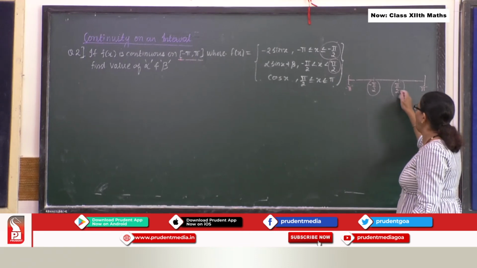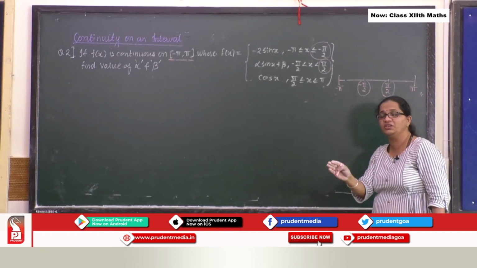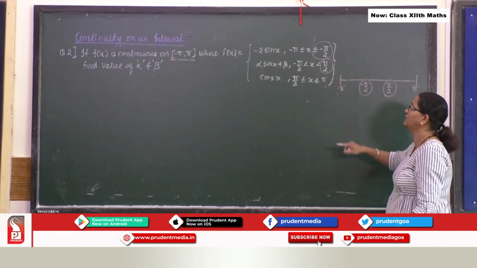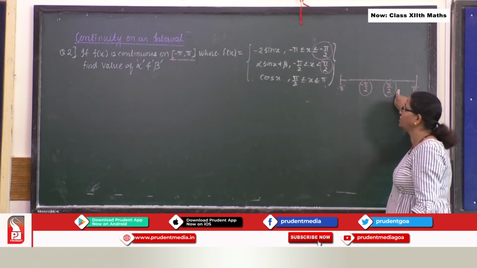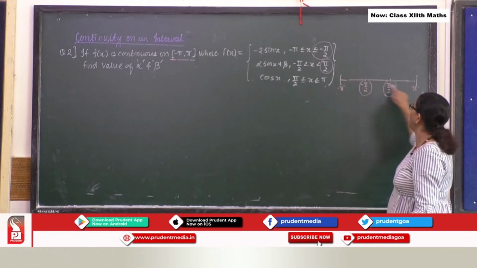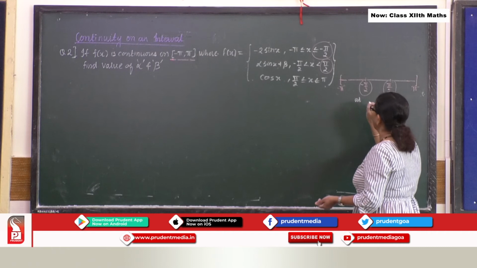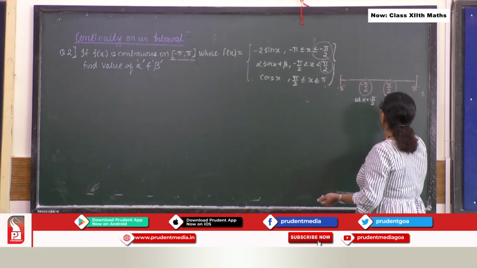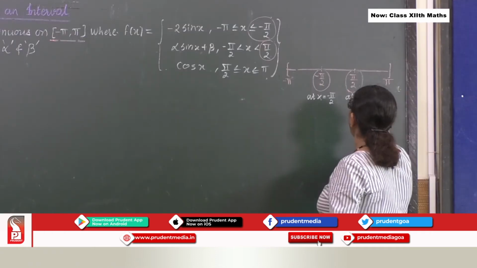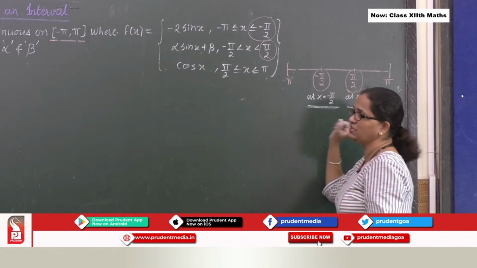At this moment, what is given to me is that the function is continuous over this interval, so obviously it is continuous everywhere on the closed interval minus pi to pi. So the given function is continuous at x equal to minus pi by 2 and at x equal to pi by 2. Basically we will be focusing on these 2 points.